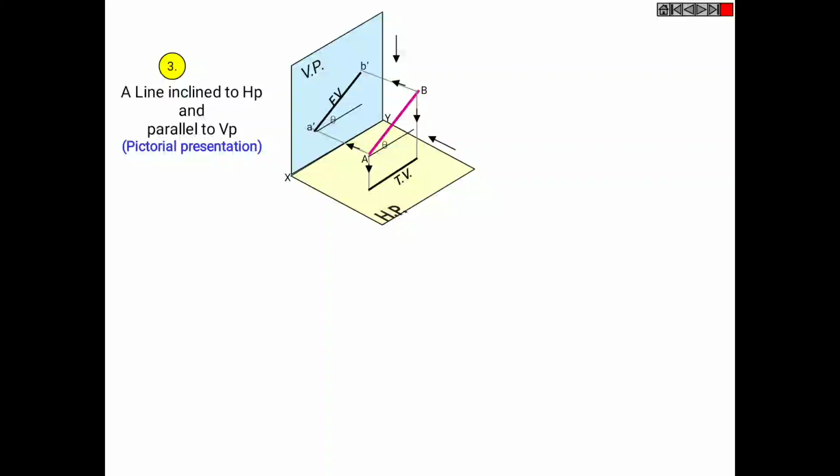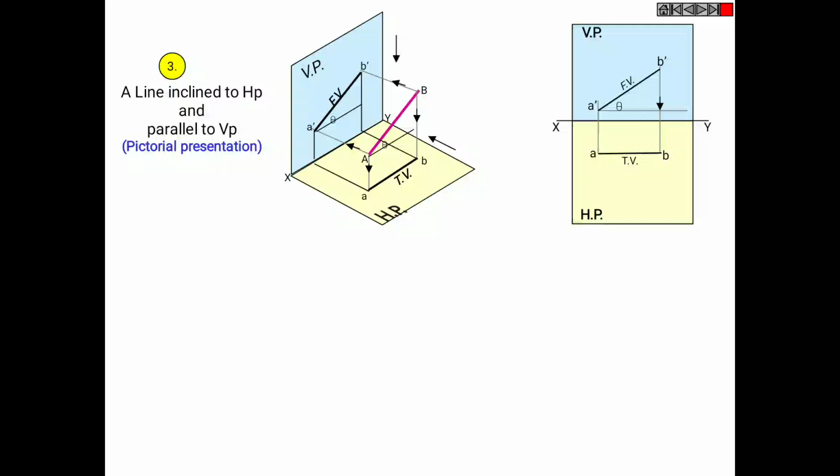Here you can observe that the top view may not be the true length, since the line is inclined, and by the projections you can clearly see that it is not in the order of true length. So, this is your pictorial presentation, and this is your orthographic projection.